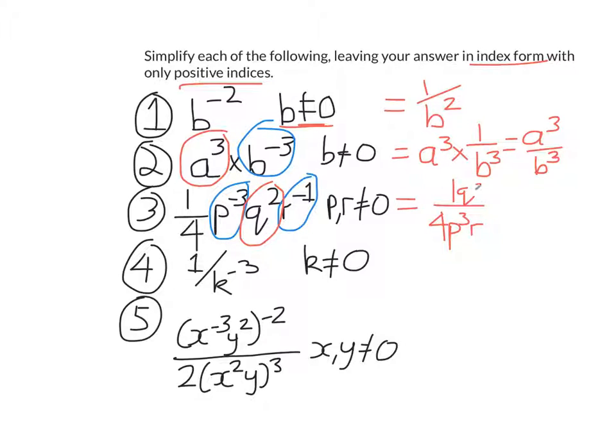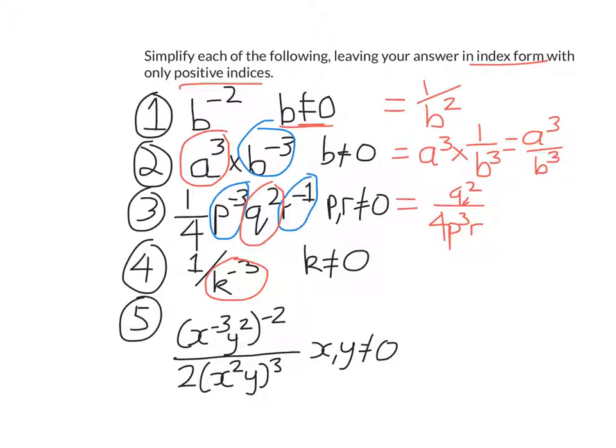So we have 1q squared over 4p cubed r. We don't need, of course, to write the 1 in front of the q squared. It's not that big a deal if you do, but I'm just going to get rid of it. So we have q squared, everything with a positive power goes to the top, everything with a negative power goes on the bottom.